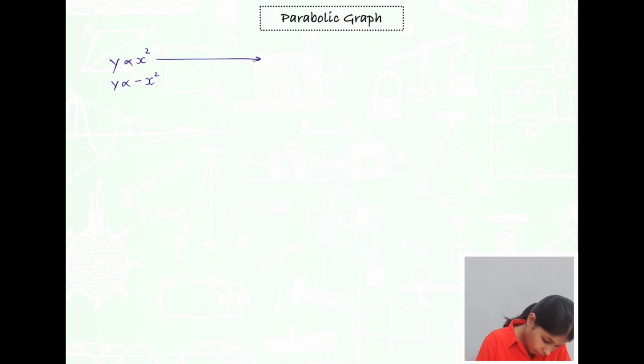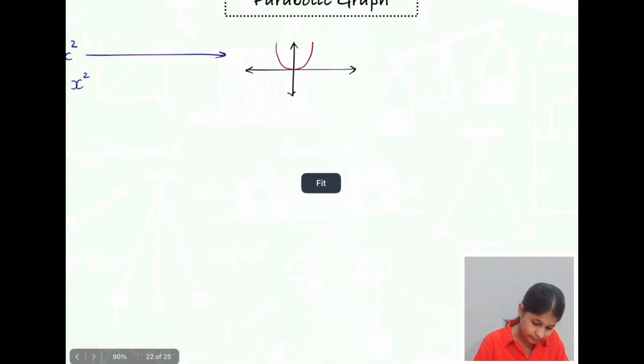So in this situation, what are you going to do? You are going to plot a graph like this. This is our parabola. Let me bold it.